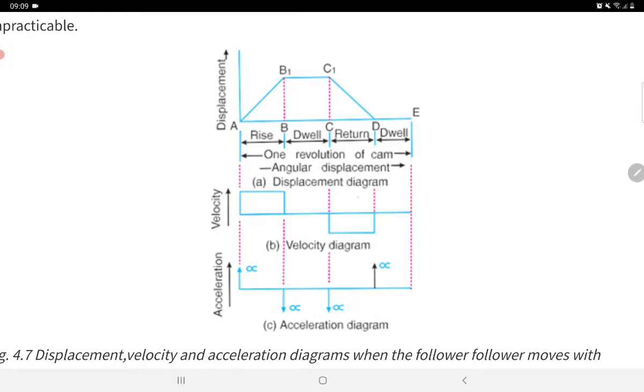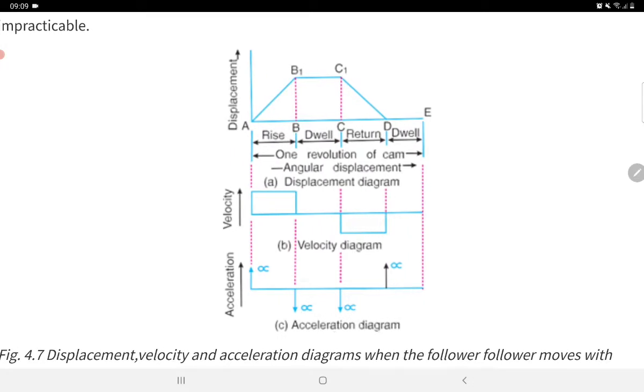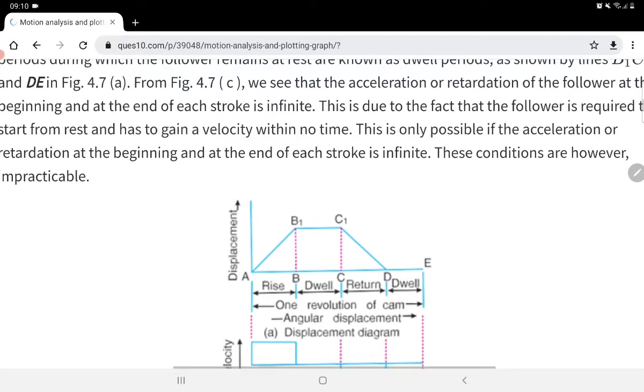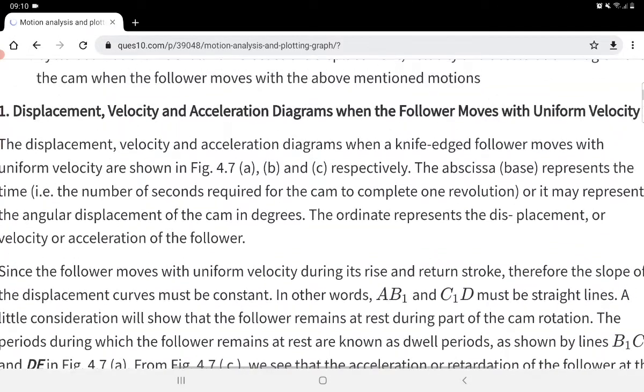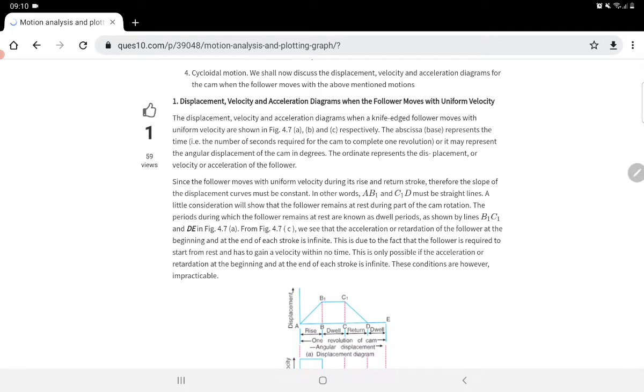These three diagrams are for the condition when the follower moves with uniform velocity.